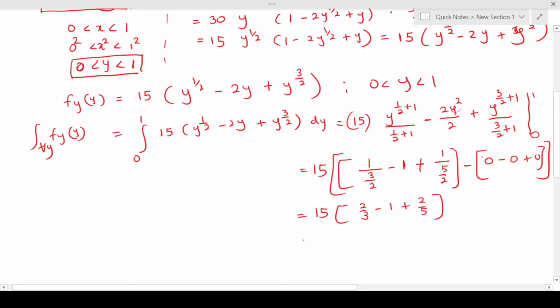I'll take the common denominator, which is 15. 3 times 5 is 15, so multiply 2 by 5, which is 10. Minus 1 times 15, which is 15. Then 5 times 3 is 15, so multiply 2 by 3, which is 6. So 10 minus 15 is negative 5, negative 5 plus 6 becomes positive 1. So 15 times 1 over 15, you end up with 1.